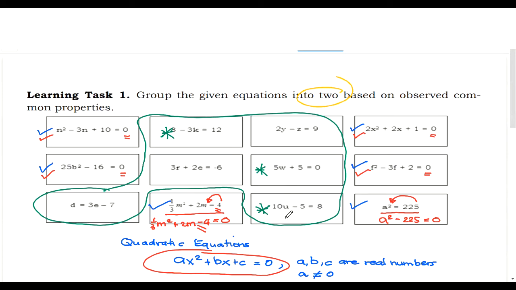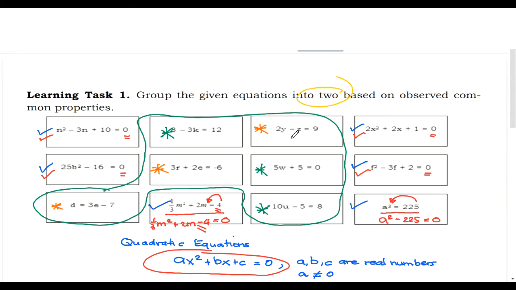One variable only. And then, yung 3 remaining linear equations, so nasan sila? Ito. You have D equals 3E minus 7. Nasan pa? Here. You have 3R plus 2E equals negative 6. And then lastly, eto.